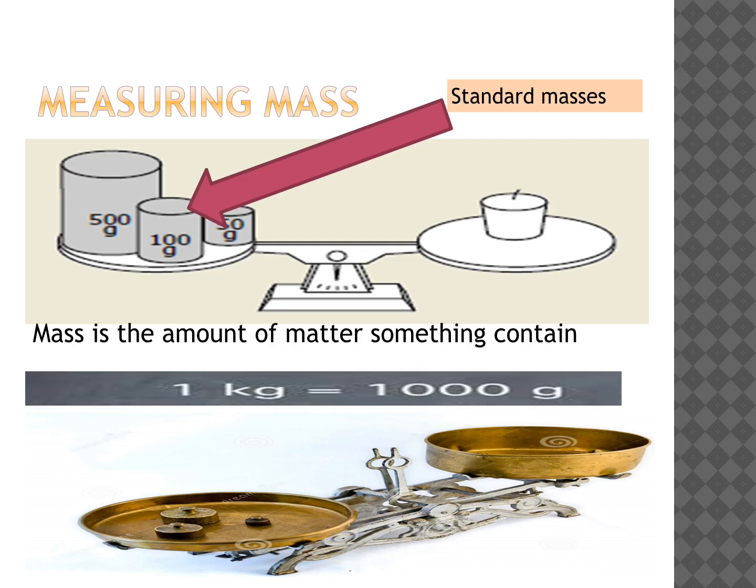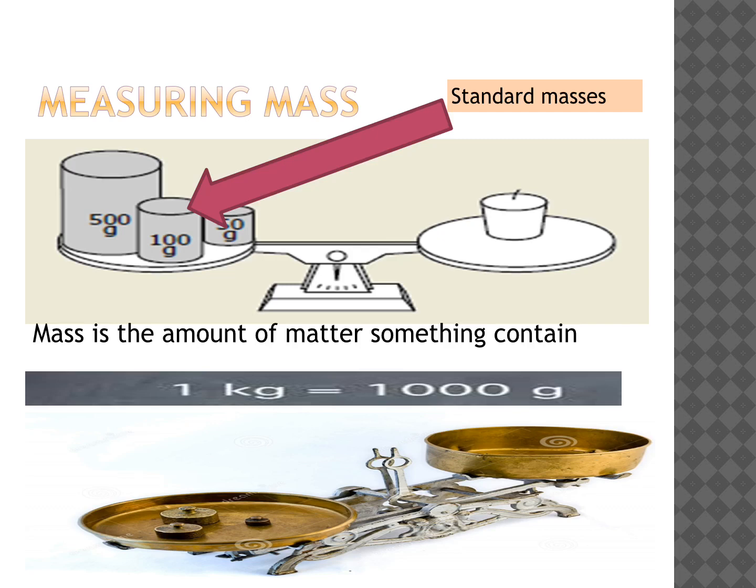Now I want you to ask yourself, which tool do we use to measure mass? You can see it right in front of you. We use a pan balance to know the mass of things. One way to compare two masses is by using a pan balance.